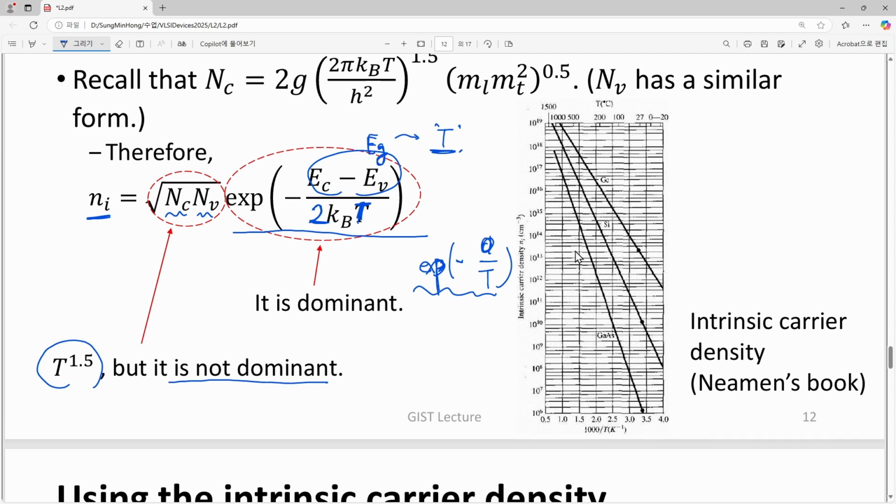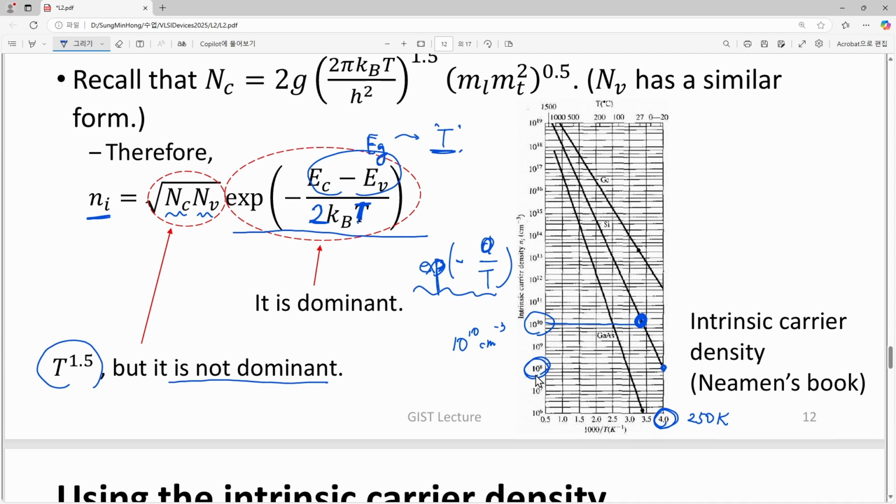For example, where can you find 300 Kelvin? Yes, 300 Kelvin. We have this value for silicon, roughly speaking, corresponding to 10 to the 10 per cubic centimeter. However, if we go to quite low temperature, for example, 250 Kelvin, then this already shows much lower intrinsic carrier density.